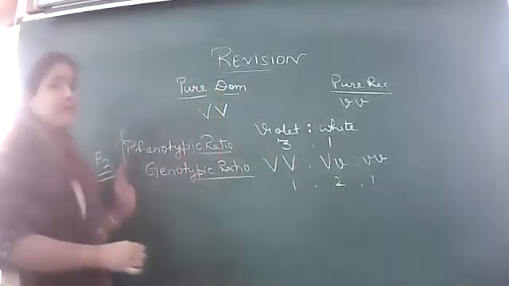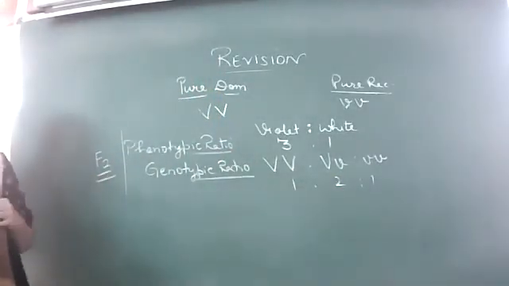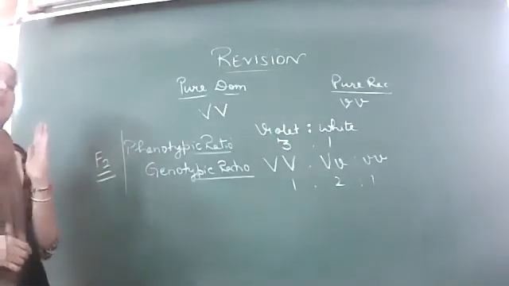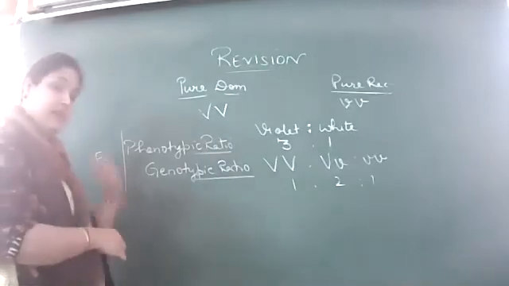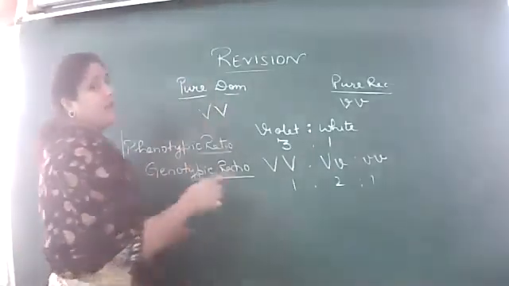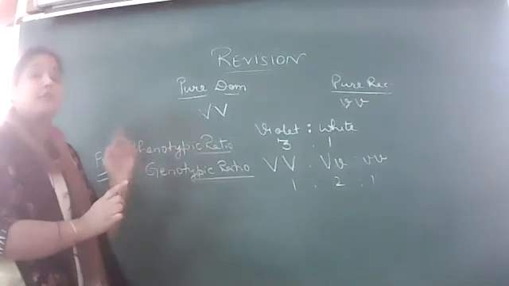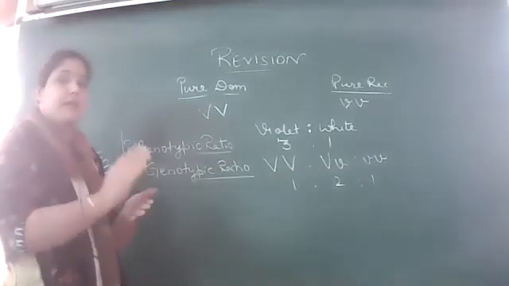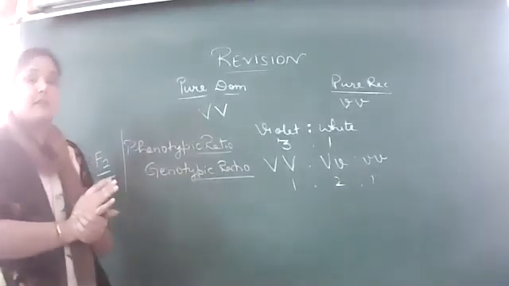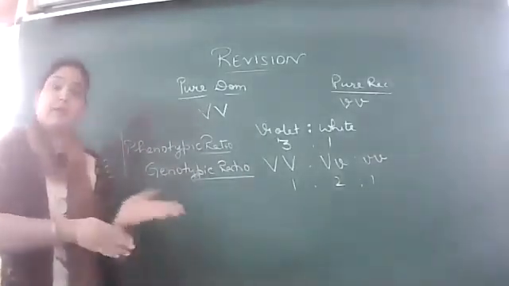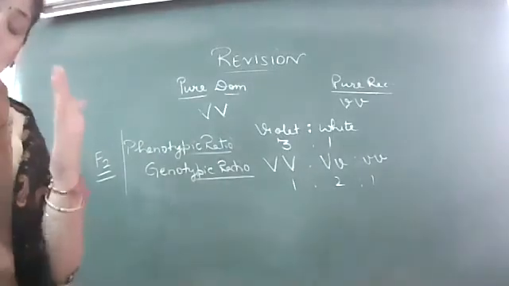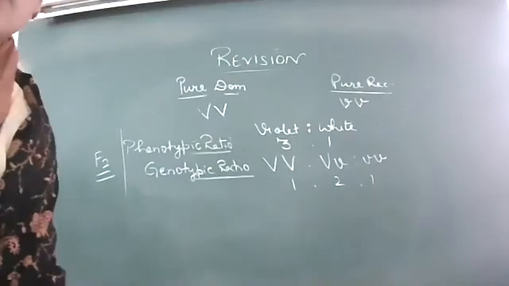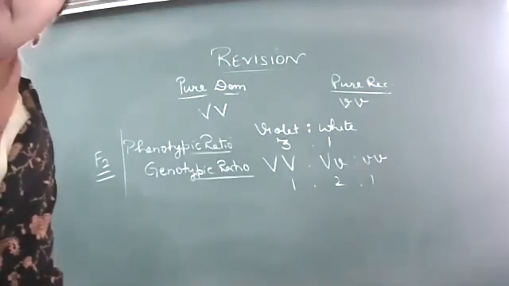So we need not waste our time on much explanation and writing it all, unless they have asked you to construct. If they have asked you, you will be properly framing the whole cross by writing everything: parent, genotype, phenotype, selfing, the genotype of the F1 generation offspring, everything.